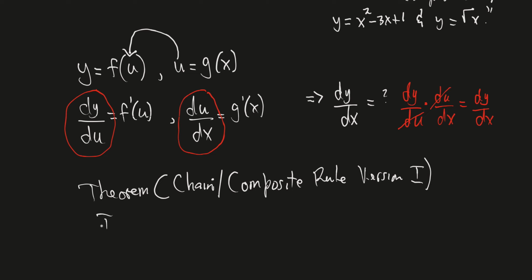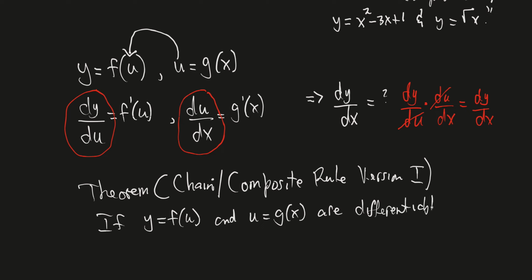So if y equals f of u and u equals g of x are differentiable on some appropriate interval, and again, I'm not going to get into the details of what that means, it's a bit technical, but we'll just say on some appropriate interval, then the composite itself is differentiable.